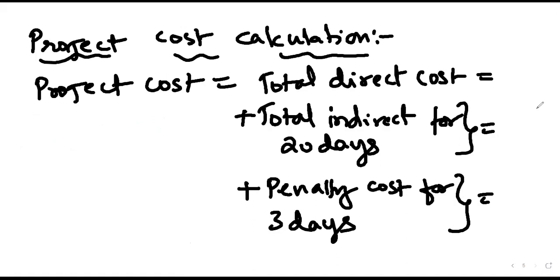The total normal cost is 6,500. Okay, next, total indirect cost for 20 days. 3,200, because 160 into 20 is equal to 3,200. Correct. Next, penalty cost.